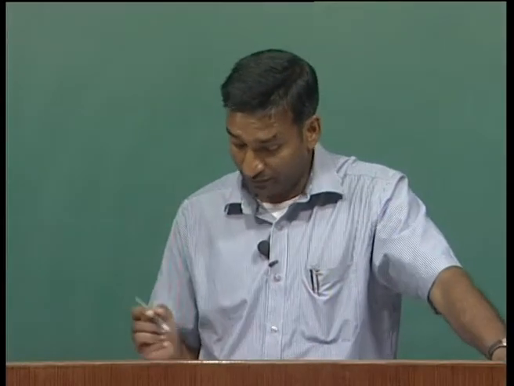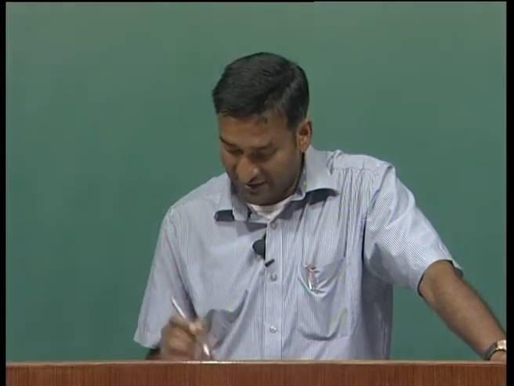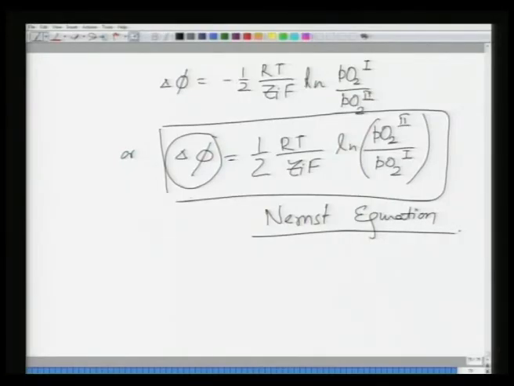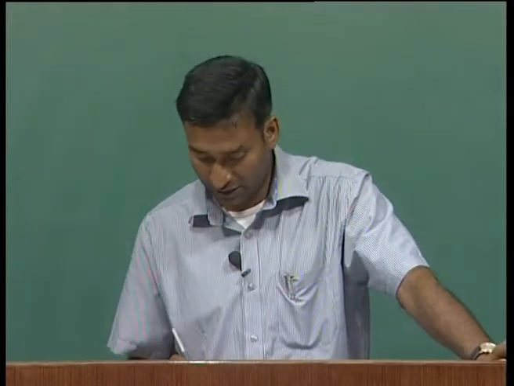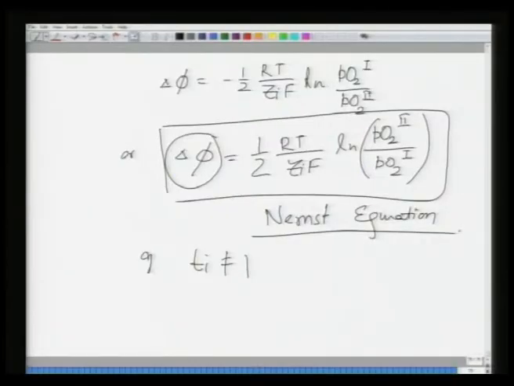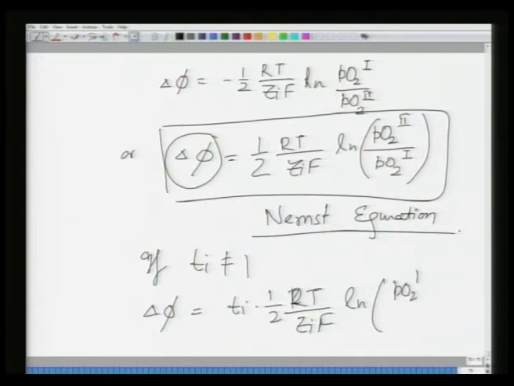Now, this equation was calculated considering you have complete ionic conduction. If you do not have complete ionic conduction, in that case this delta phi would be modified. So, if your Ti is not equal to 1, then delta phi will be equal to Ti multiplied by half RT over Zi F ln PO2 2 divided by PO2 1.